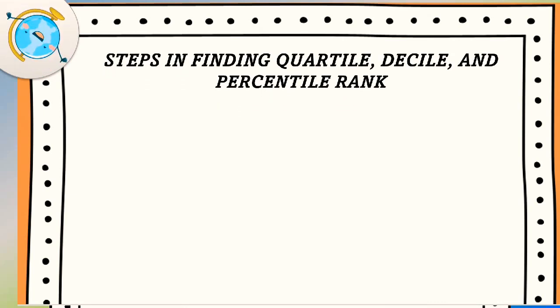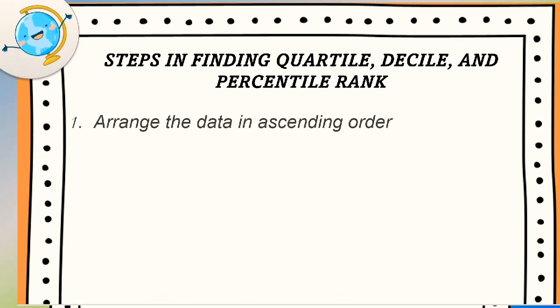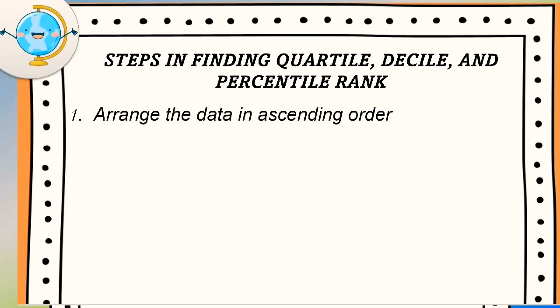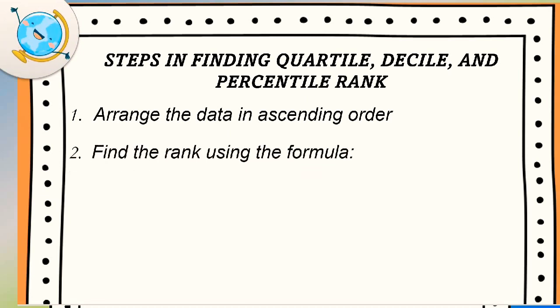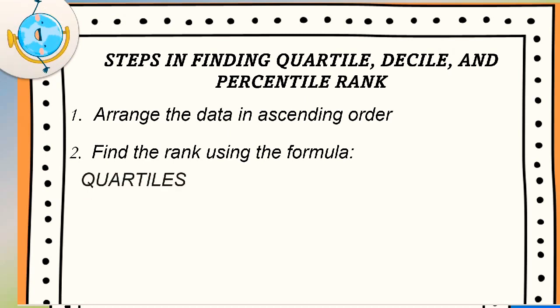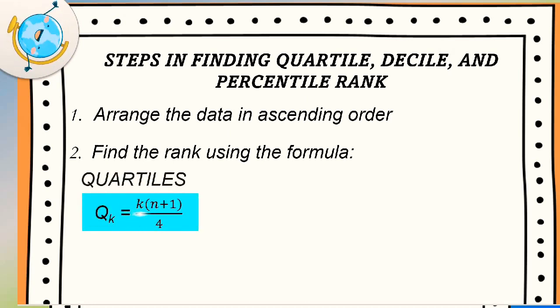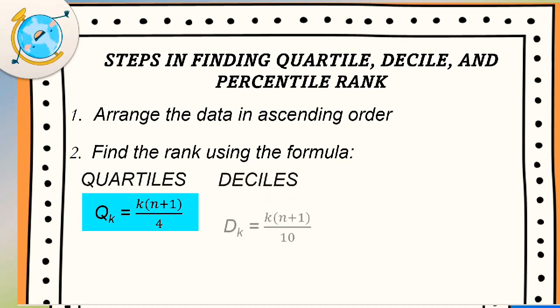There are certain steps that we need to remember in finding quartile, decile, and percentile rank under the Mendenhall and Sincich method. Number 1 is for us to arrange the data in ascending order. Number 2, find the rank of the data using the formula for quartile, decile, and finally percentile.